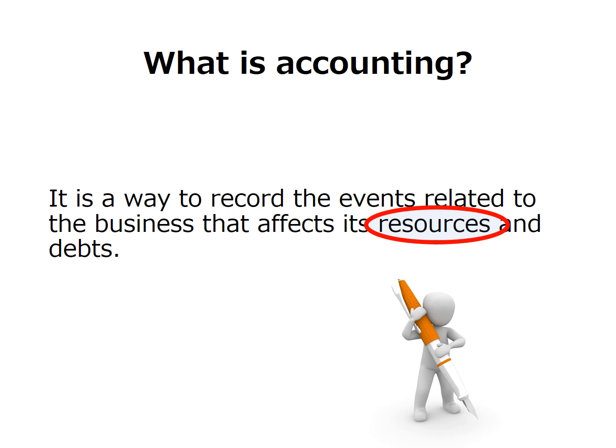Resources pertain to the things or items of value needed and used for business operations. No business can run without resources. Debts pertain to the amounts the company needs to pay in the future. It's what they owe to somebody. We are going to explain resources and debts in detail in the succeeding lessons. Also, we are going to give them their equivalent accounting terms.